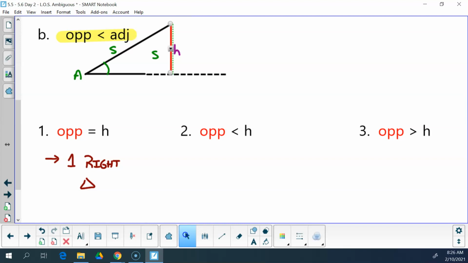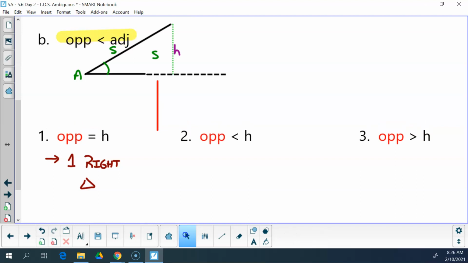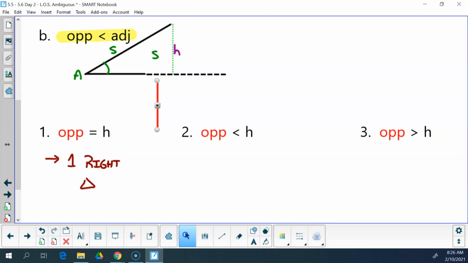Scenario number 2 says that if it's shorter than h, see how it doesn't flap, it never hits that other side, or this bottom part here, never hits it, so no triangle is formed.